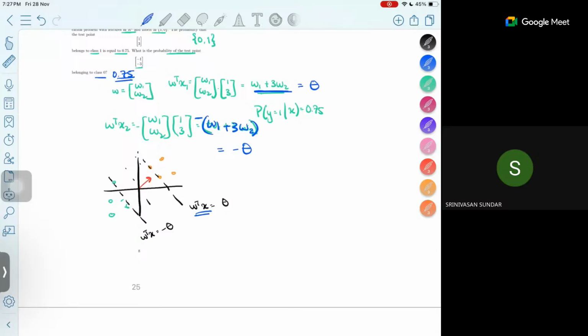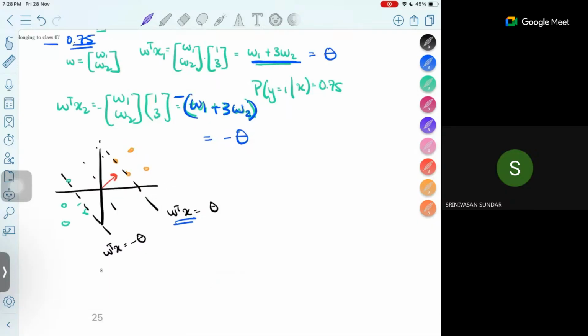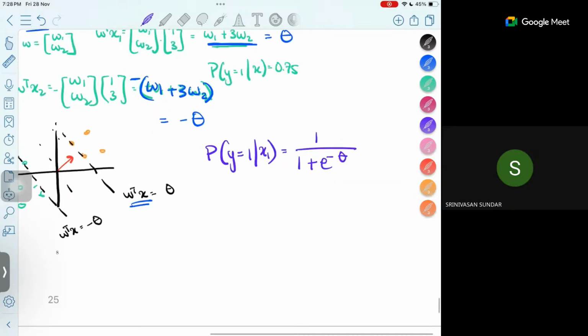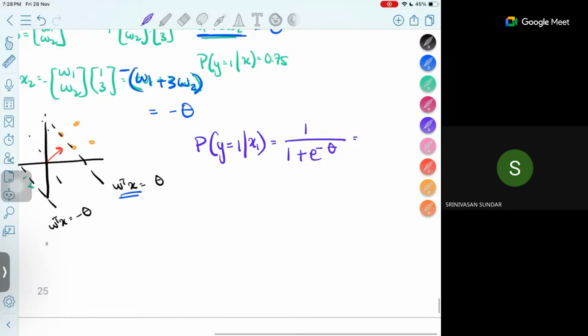You can also solve this mathematically, I think. I haven't properly formulated this in my head yet, but the probability of y equal to 1 given x1 was 1 divided by 1 plus e power minus w transpose x, so e power minus theta, which we said is 0.75.